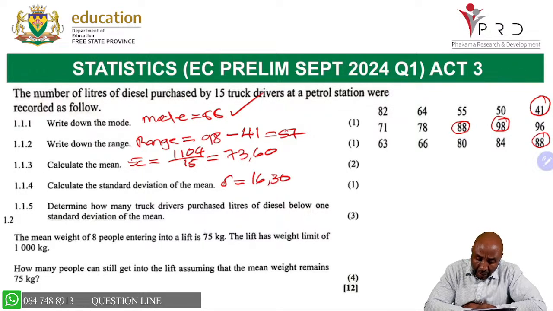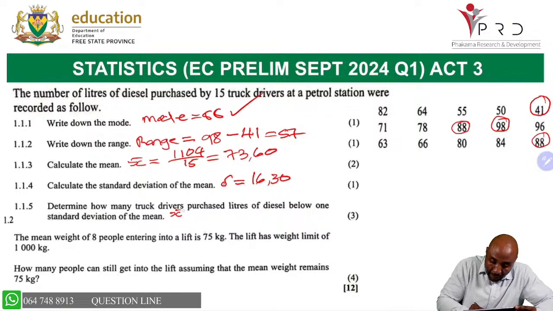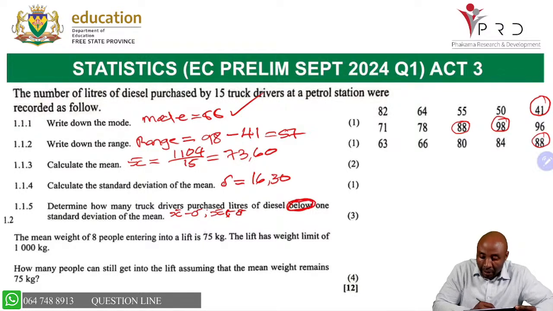The next part, we have to estimate or determine the number of truck drivers that purchased diesel below 1 standard deviation of the mean. Remember? So now we are going to use our interval x bar minus 1 standard deviation, x bar plus 1 standard deviation. Check, it says below. So we might not need the whole interval, but we have to determine our mean minus that.